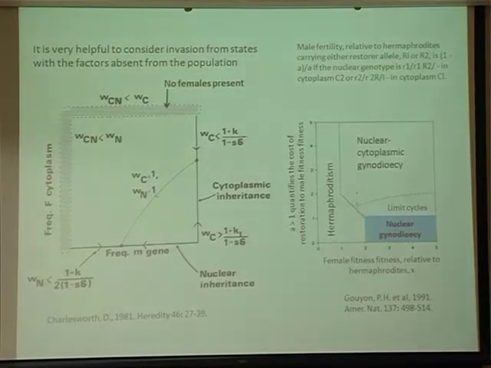And to this day, it's very difficult to do the population genetics of these systems. We can look at the edges of these parameter spaces and see there are places where you don't have any females present. There are places where you can have cytoplasmic inheritance with the restorer gene not present, and you can see when the cytoplasmic factor will invade and when it won't invade.